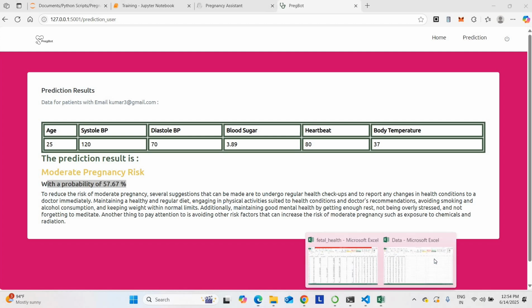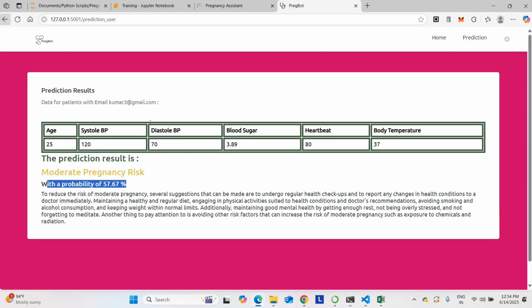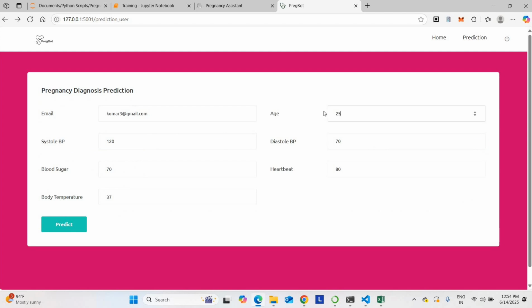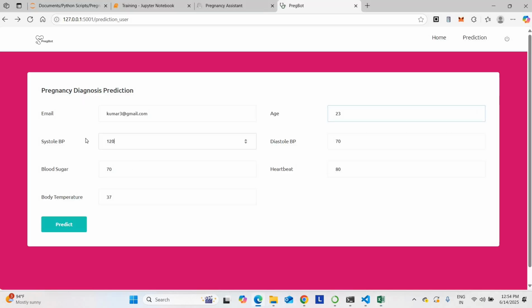So you can take any other data from here. For example, I'm considering this data, age 23. You can give any data, there is no need to give it from the data set. I'm just reminding you of that. Blood pressure is 90, diastolic is 60.